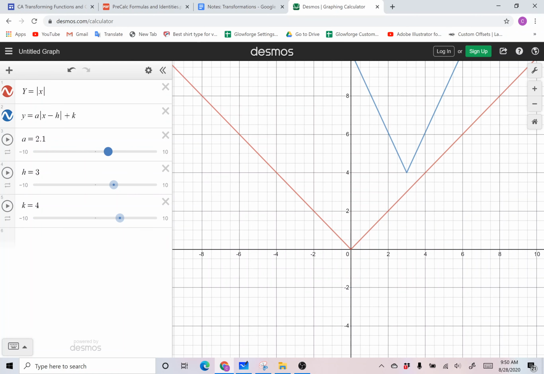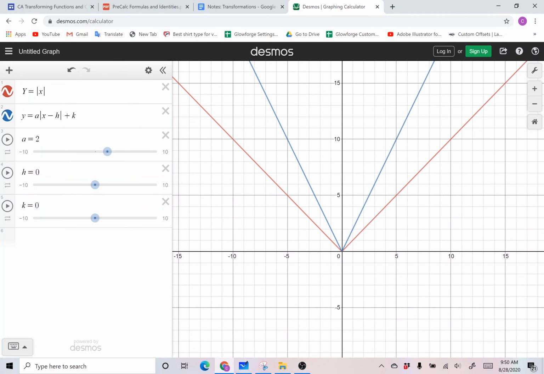But if we look at 2, I just want to show you what I mean by the shrinking. I'll move this back to 0, 0. You can see what I'm talking about. It kind of shrinks it. It gets taller quicker because it's being multiplied by 2. And so it kind of makes the steepness change.